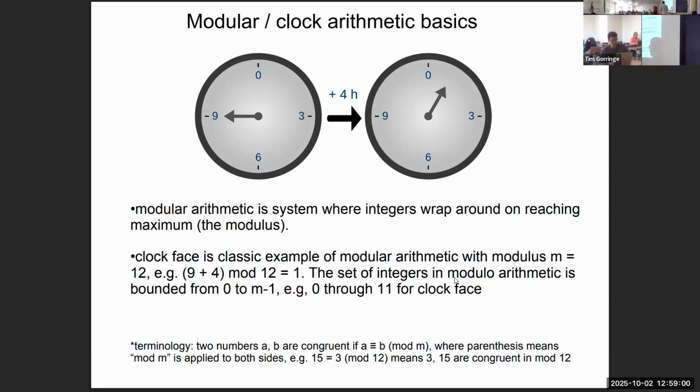So for example, in modular arithmetic, 9 hours plus 4 hours is equal to 1. So 9 plus 4 in modulo 12 is equal to 1.